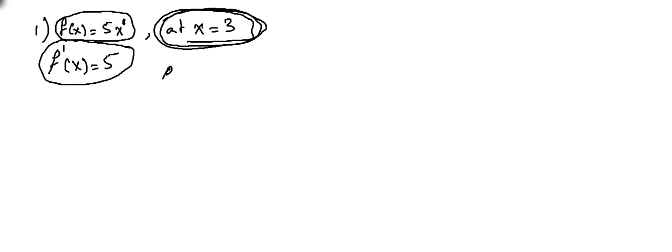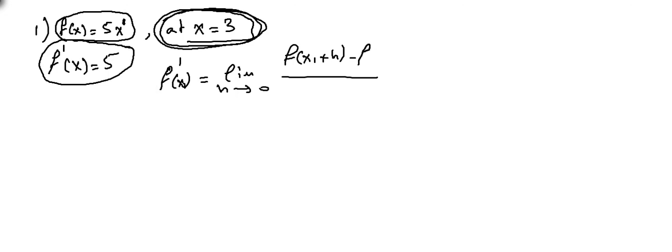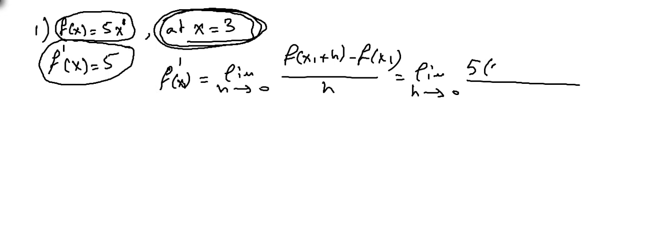f prime of x1 is equal to the limit as h tends to 0 of f of x1 plus h minus f of x1 over h, which is equal to the limit as h tends to 0 of f of x1 plus h, it's 5 times (x1 plus h), minus f of x1, which means 5x1, over h.